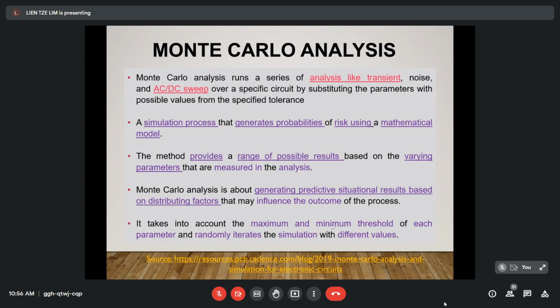Based on the input, we can then obtain the probability. The input here is varying with values, and sometimes we call them the input parameters that can have varying values. So all these determine the outcome of the process from Monte Carlo analysis.